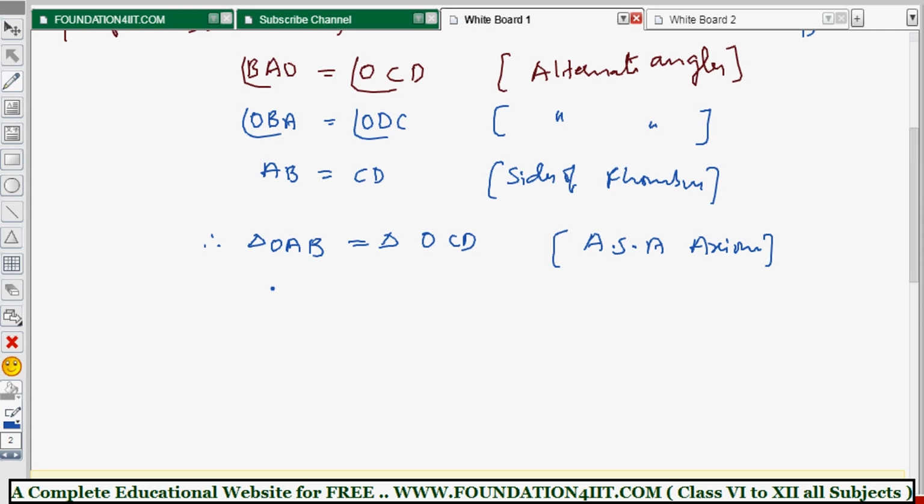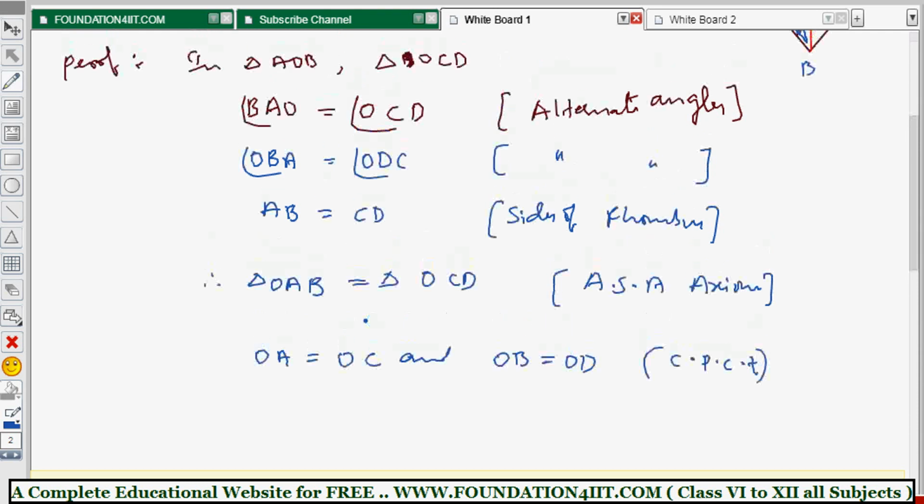Once two triangles are congruent, corresponding sides are equal. Then you can say OA equals OC, and similarly OB equals OD. That is CPCT, corresponding parts of congruent triangles. So the diagonals bisect each other.